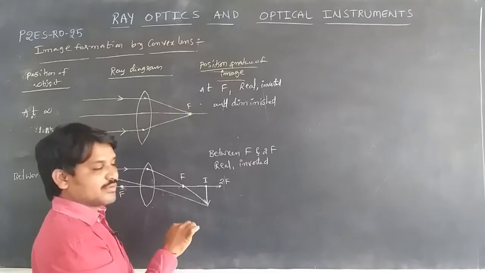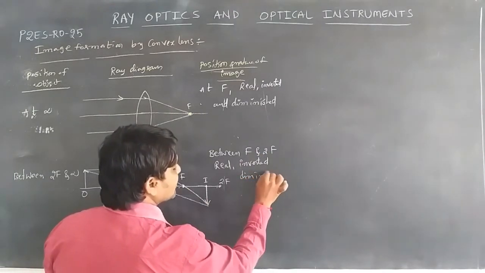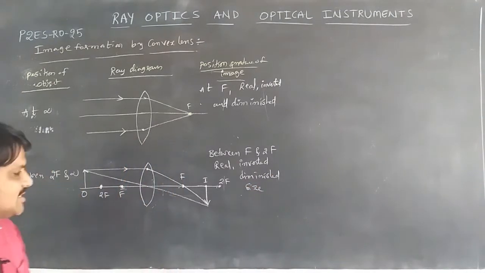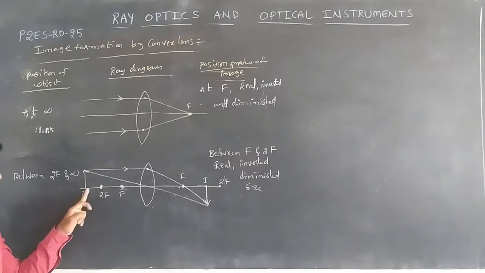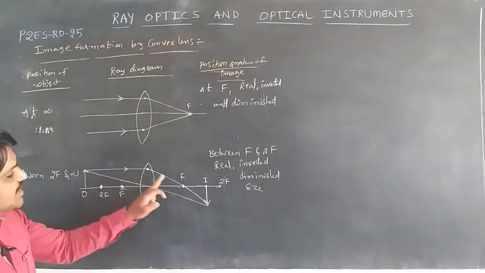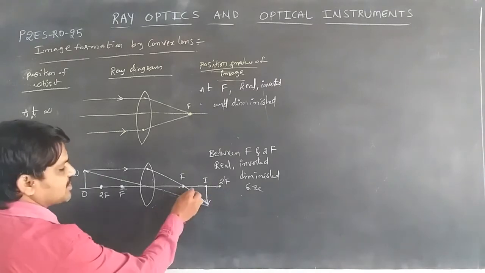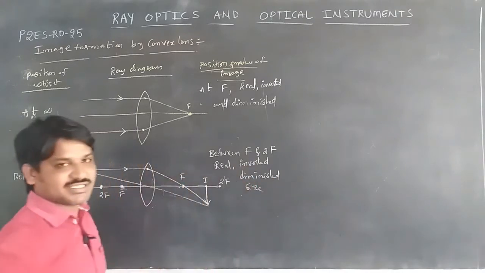The size of the image is diminished compared to the object. So when the object is placed between infinity and 2f, the image is formed between f and 2f, and the nature of the image is real, inverted and diminished.